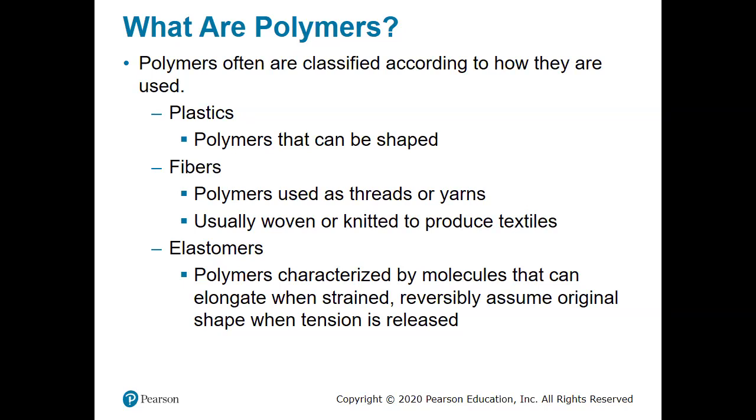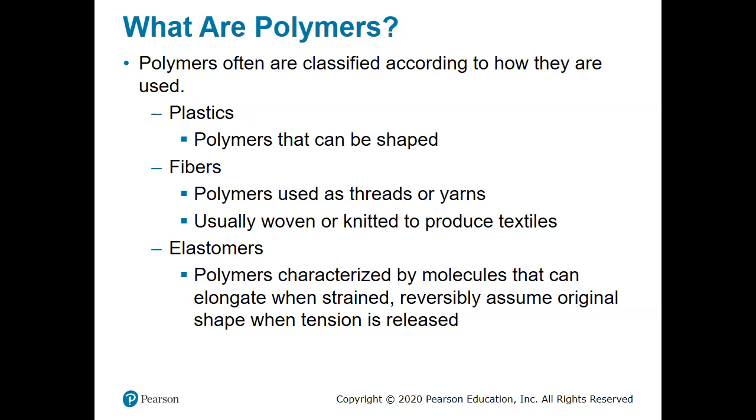So we can form it into tubes, we can form it into bottles, we can form it into cups, we can form it into chairs, we can do lots of things with them. Now, depending upon the polymer type, we may or may not be able to reset them again. Most of them are thermosetting.